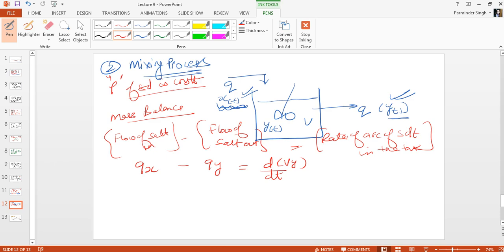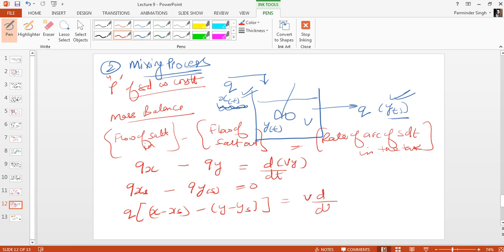So now at steady state, Q Xs minus Q Ys is 0. Subtracting each other, we have Q into (X minus Xs) minus (Y minus Ys) equal to, volume is constant, so V dY/dt of (Y minus Ys).